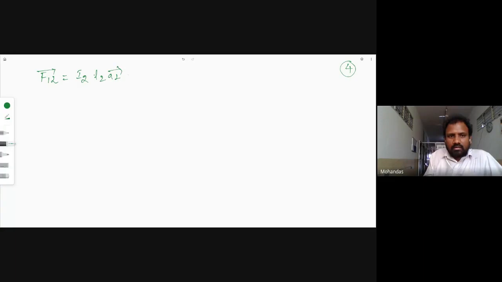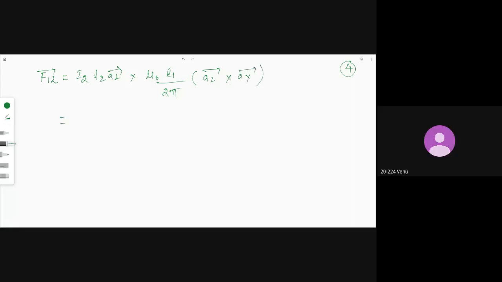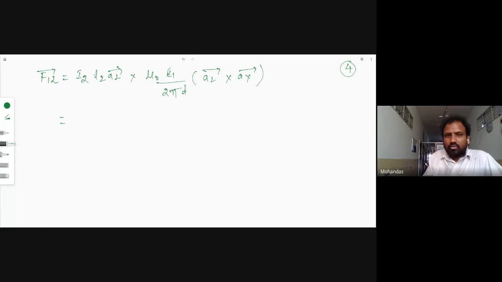AZ cross mu naught into I1 divided by 2 pi d, into AX. Okay? 2 pi d. What is AZ cross AX here? AY. AX cross AY is AZ, AY cross AZ equal to AX.